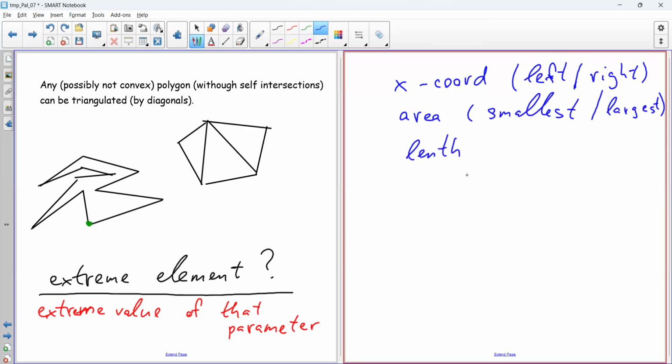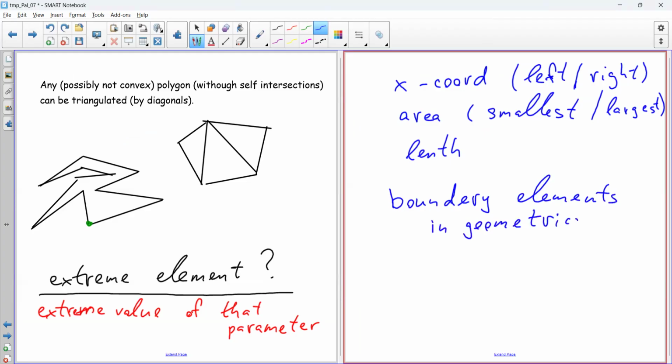And so on, right? Because any numerical parameter could be used like this. Not just numerical parameters could be used. Also, we may use boundary elements in a geometrical sense, or any other.